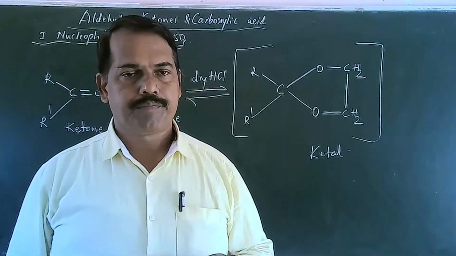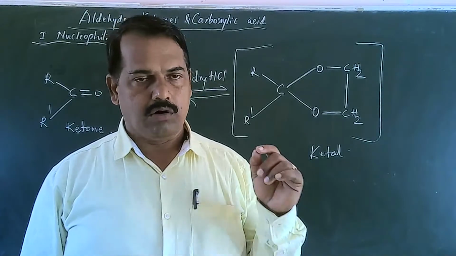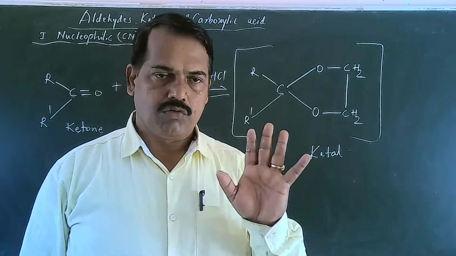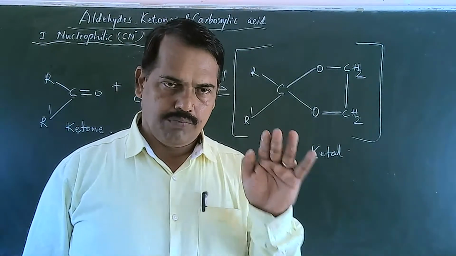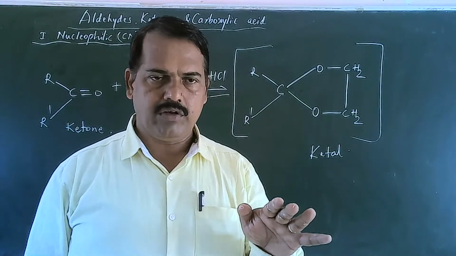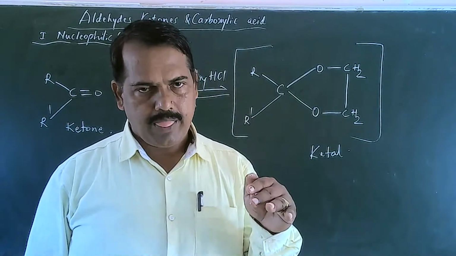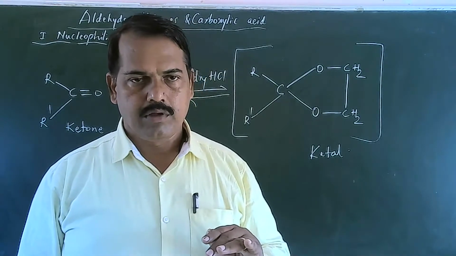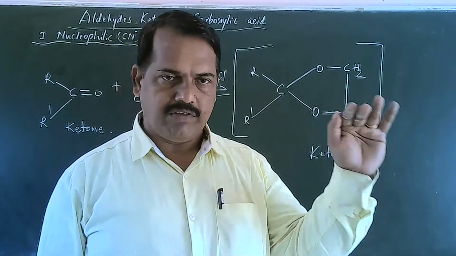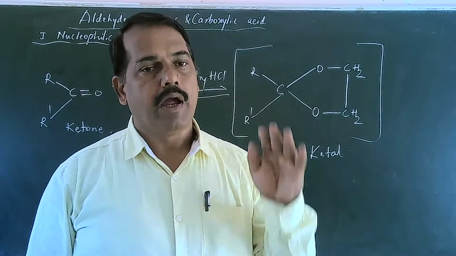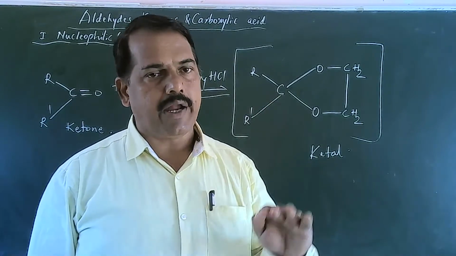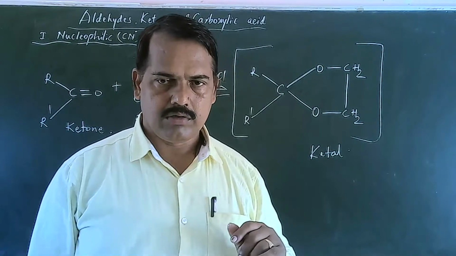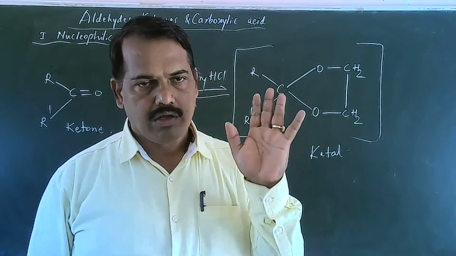Again, we have to study the addition of ammonia. So we studied the nucleophilic reactions: hydrogen cyanide addition, sodium hydrogen bisulfite, and reaction of aldehyde with alcohol to form an acetal.